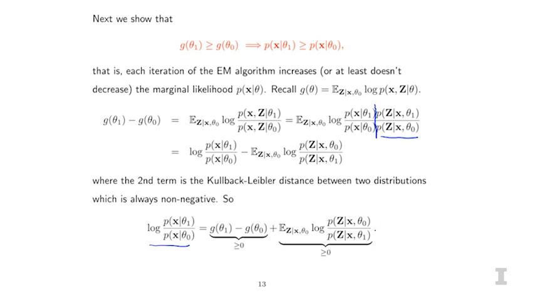And our algorithm, the way we do our M step, guarantees that this difference is bigger or equal to 0. So we can show that the left-hand side is also bigger or equal to 0. That means this ratio is bigger than 1. So we have this conclusion.